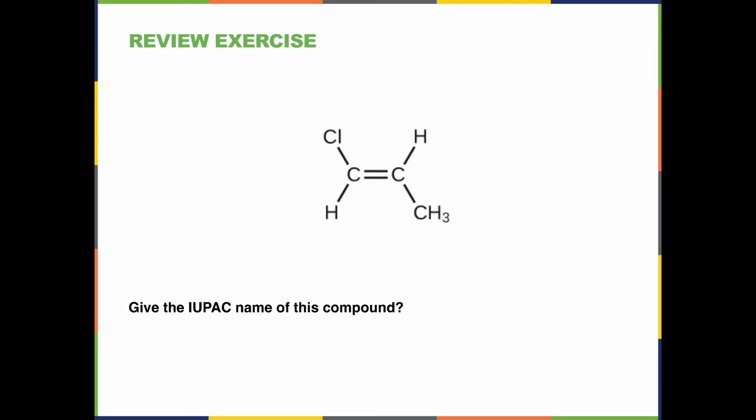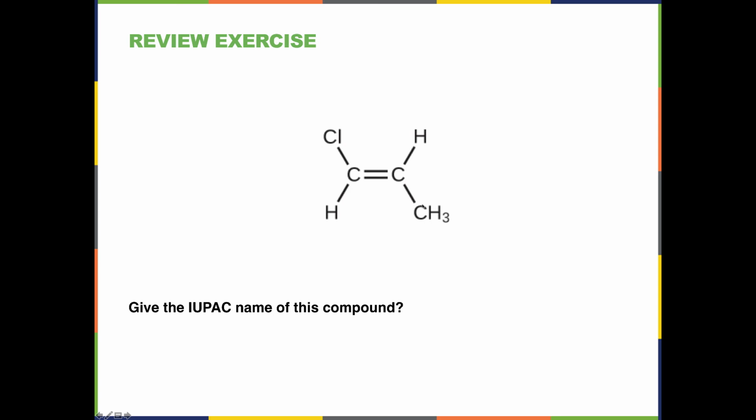What is the IUPAC name for this compound? Now, if you look at it carefully, you see that you have 1, 2, 3 carbons. So this is going to be propane, but it has a double bond. So now it's propene, and it has a chlorine. So it's chloropropene.